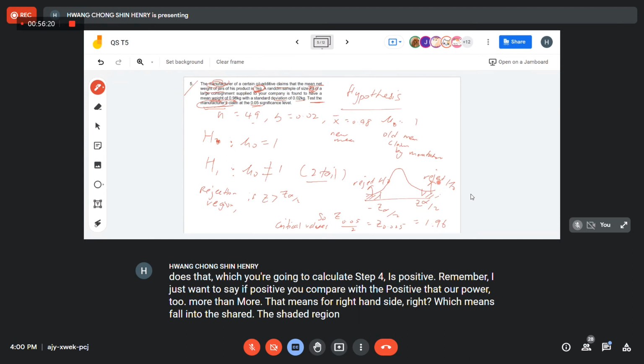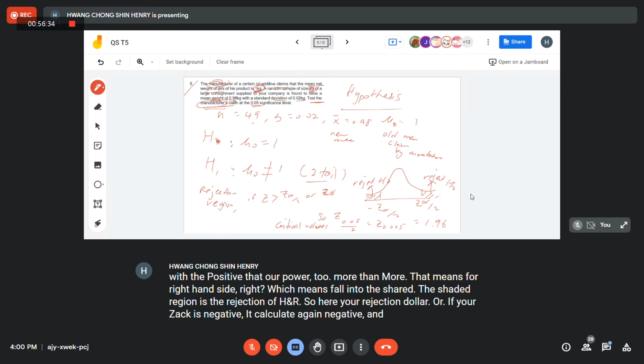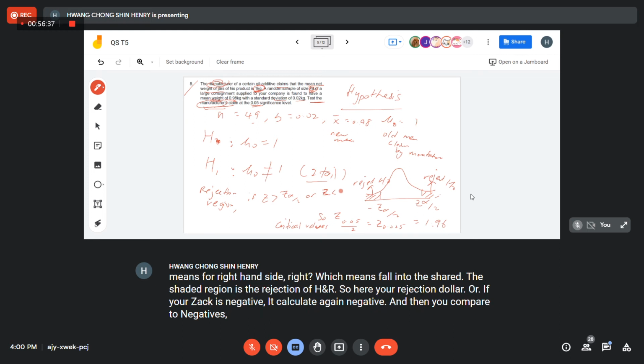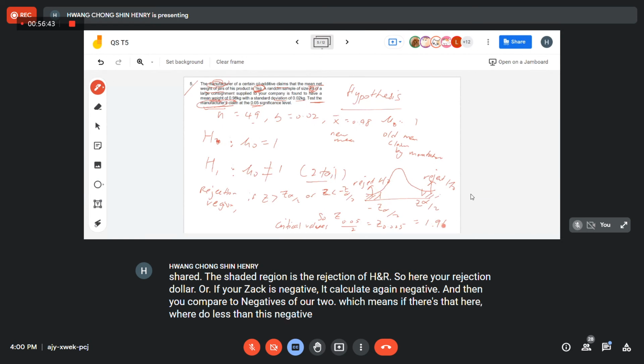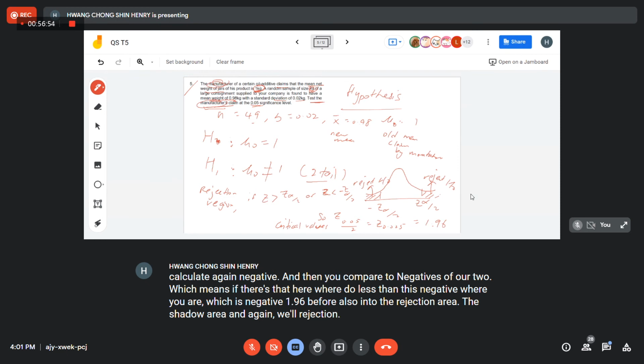The shaded region is the rejection of H0. So here you reject H0. Or if your Z is negative, you compare with the negative Z alpha over 2. Which means if the Z value is less than this negative value, which is negative 1.96, it also falls into the rejection area, the shaded area, and again we reject H0. Right? Okay, so this is two sides.